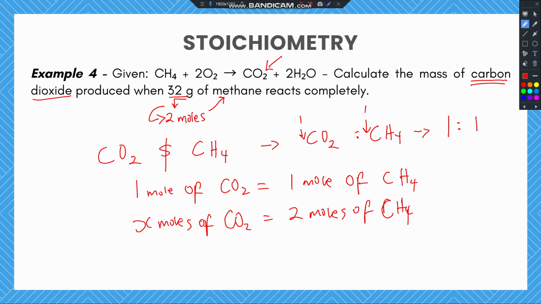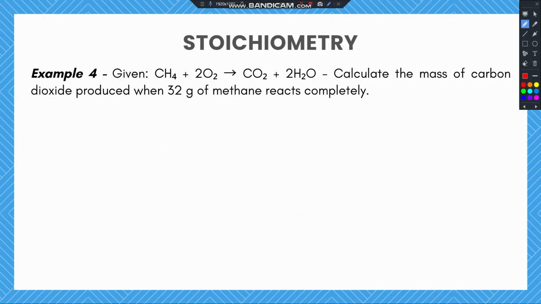So at this point, I can cross multiply. This leaves me with X times 1 is equal to 2 times 1. So X is basically equal to 2 moles. So what that means is that the number of moles of carbon dioxide produced is 2.